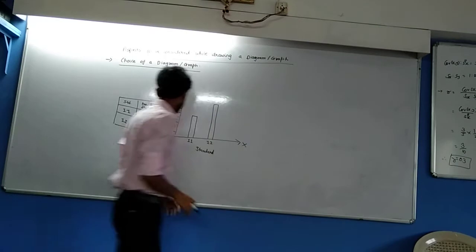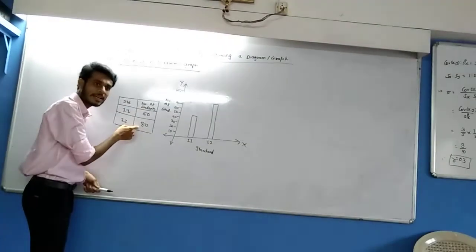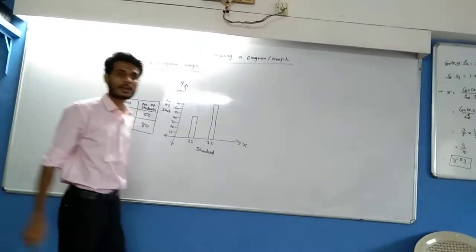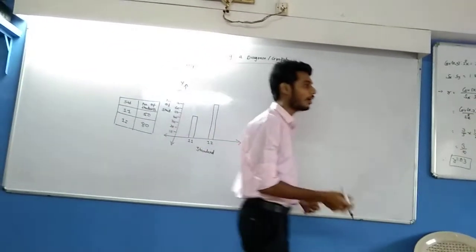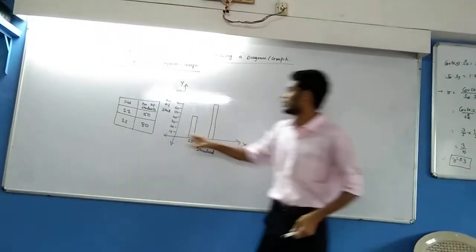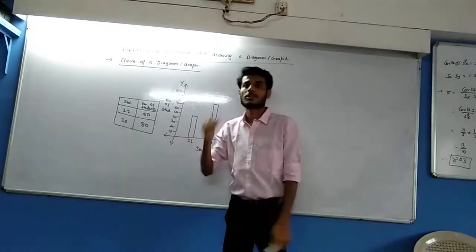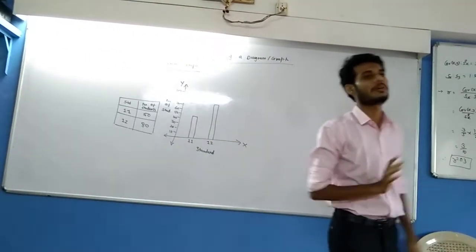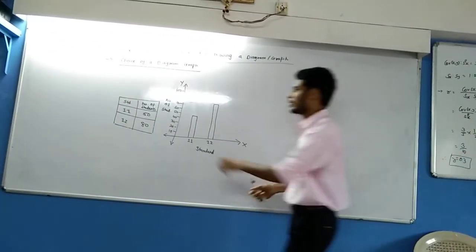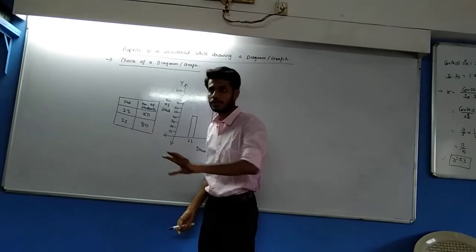And if you want to represent this data through a circle diagram, then also it is possible. How? You should make these numbers small, but you cannot change the proportion of them.